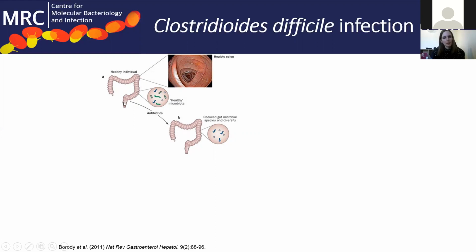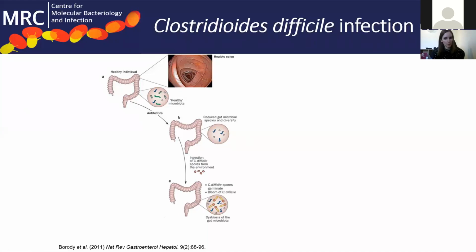What these antibiotics do is reduce the diversity of their gut microbiota. Once that diversity is reduced, they are exposed to C. difficile in the form of spores. And what I mean by spores is that these are inactive forms of C. difficile, more dormant states that can be easily transmitted and are more stable in the environment to be picked up by other patients, for example.